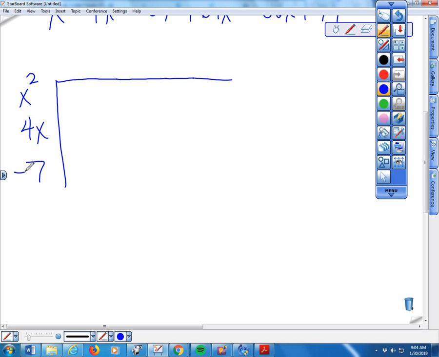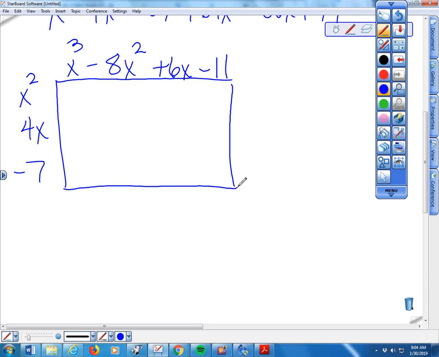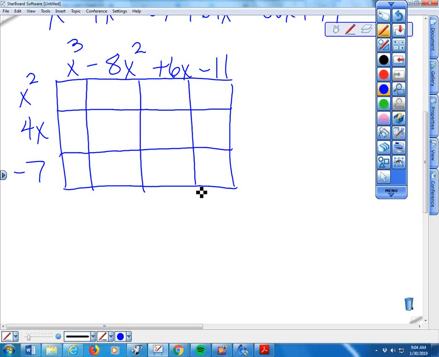And then across the top is the other polynomial, x cubed minus 8x squared plus 6x minus 11. Okay, and now for each one of these rows, I have 3 terms, so I have 3 rows. I have 4 terms, so I have 4 columns. Didn't do those very even, but you understand the idea.